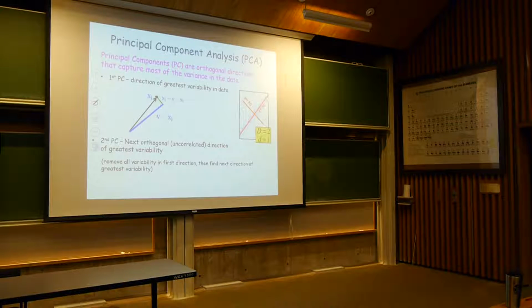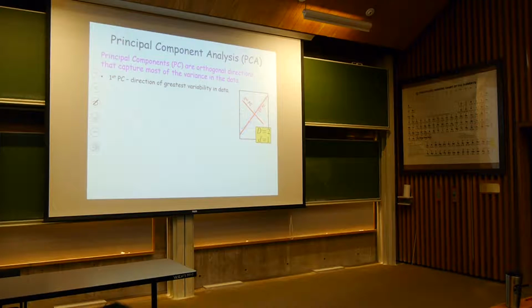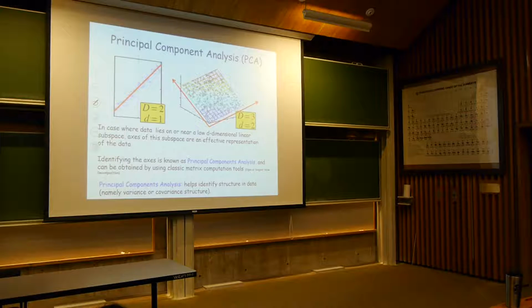In PCA, we're going to define them that way, because as I mentioned, if I go back to my picture here, when I said that the principal components are basically the axes, in the case where the data lies on a low-dimensional subspace, the principal components will be the axes of that subspace. And it's easiest to define axes by using orthogonal directions.